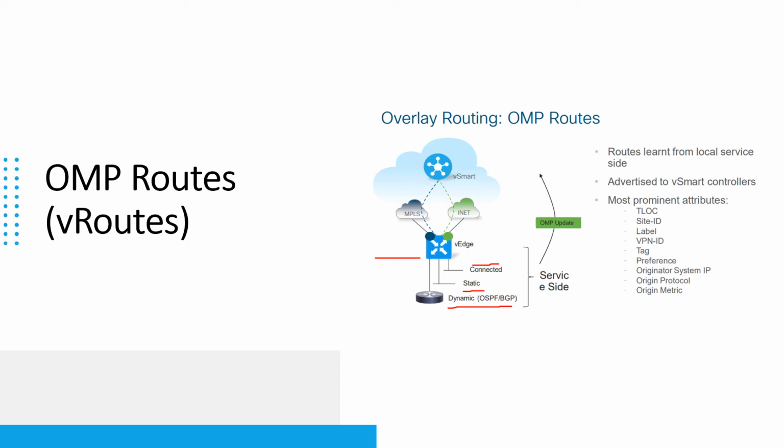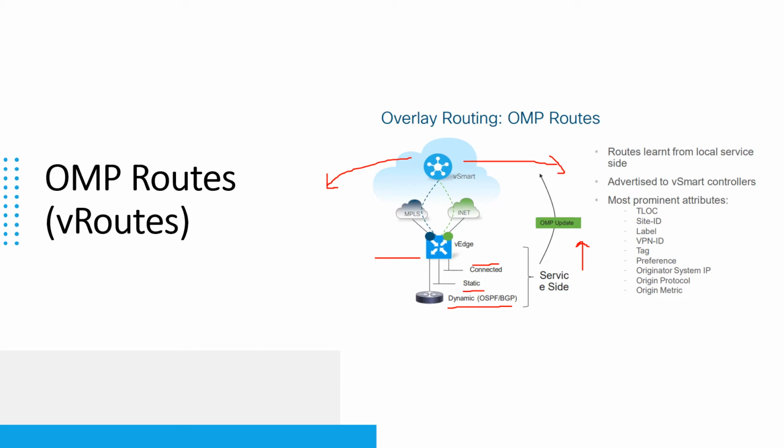So these routes also go to vSmart as an OMP update, and then vSmart further distributes them to the rest of the world. When I say rest of the world, those are going to be the different vEdges participating in your network.